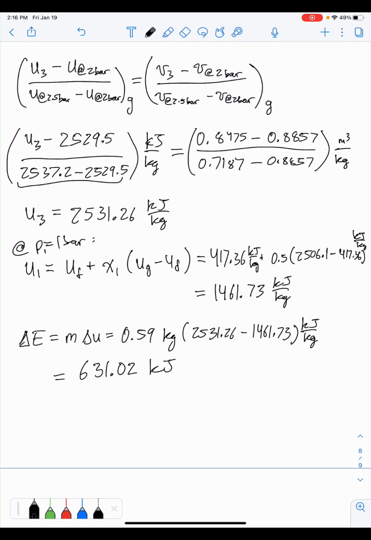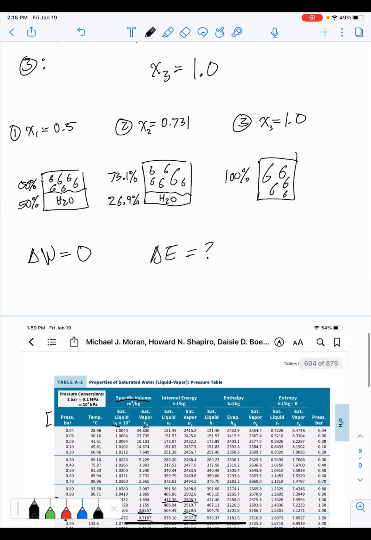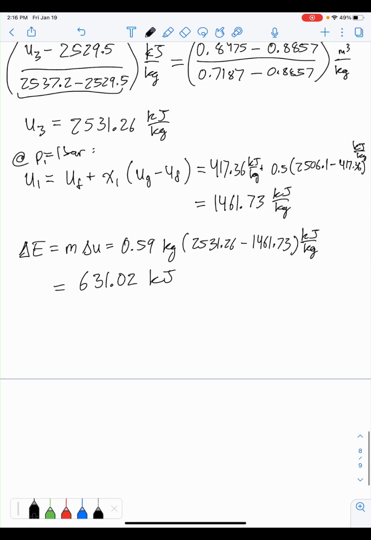Okay. 631.02 kilojoules. Okay, that's perfect. Oh, that's right. And now, our first law of thermodynamics equation that we're really familiar with, and then the work drops out, the change in energy caused by the Bunsen burner heating up is 631.02 kilojoules.